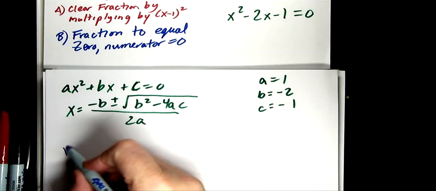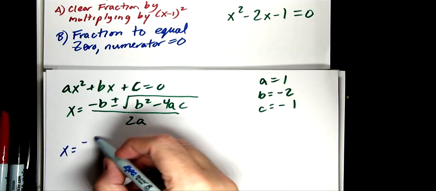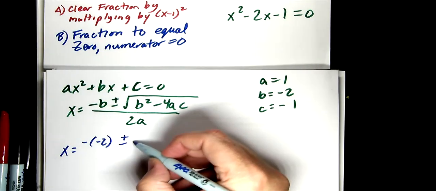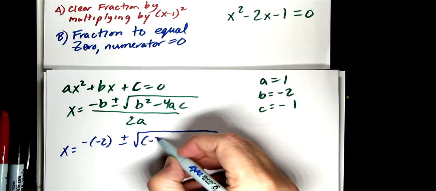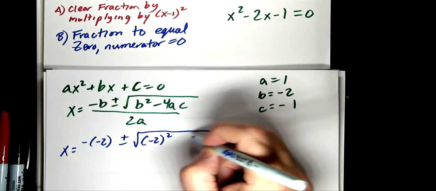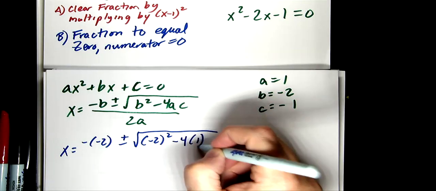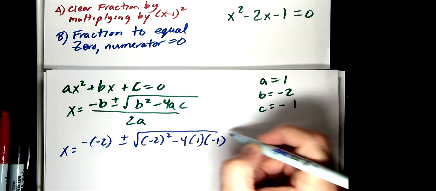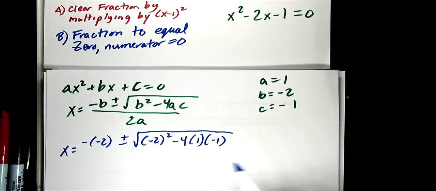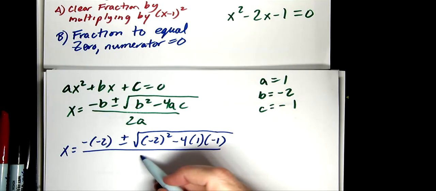So when we go through it, negative b would be 2, plus or minus b squared is -2 squared. Then we've got -4 times a, which is 1, times c, which is -1, all over 2a, which is 2 times 1.